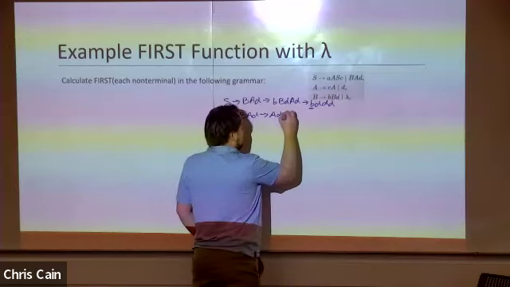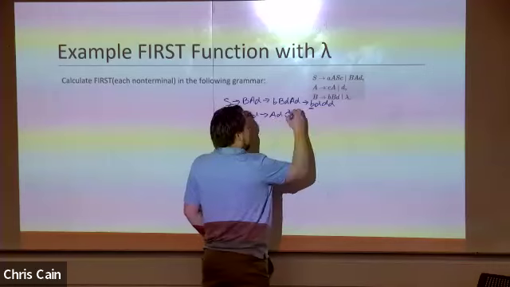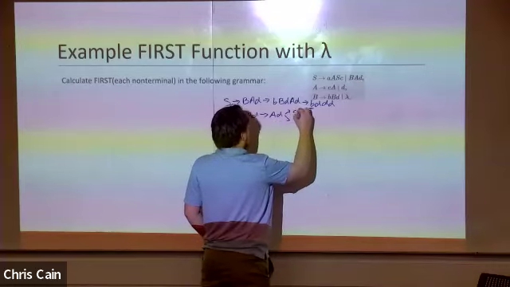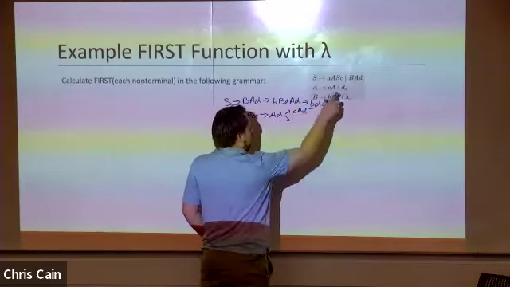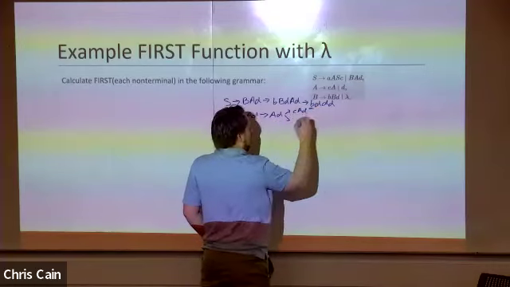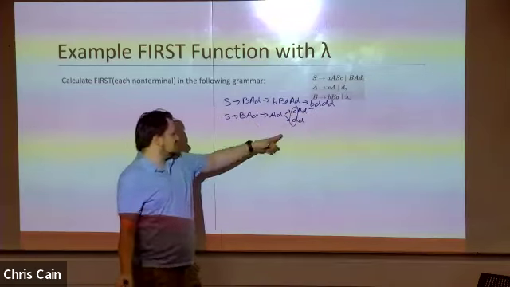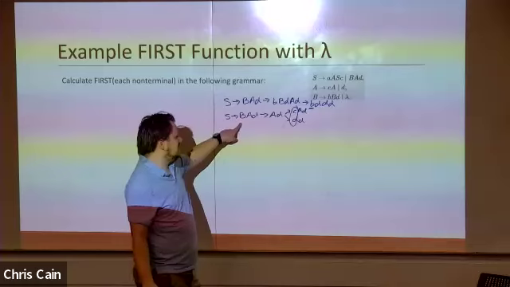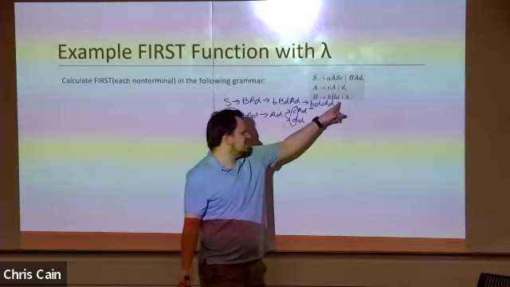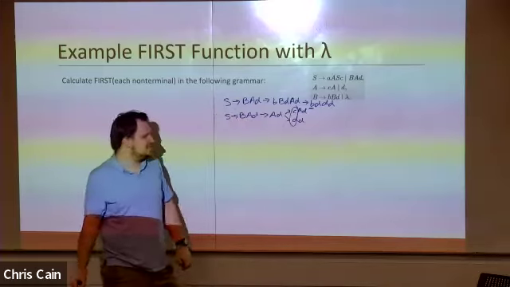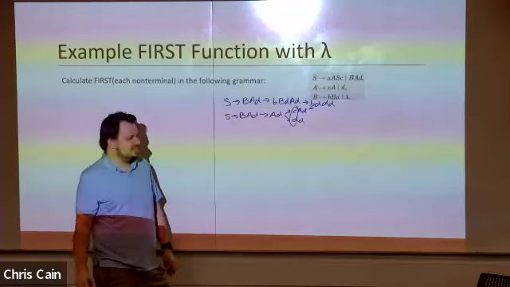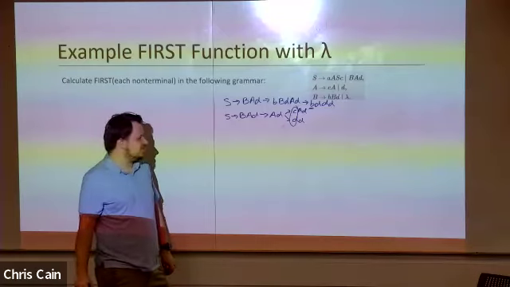I'll even expand this into a couple of choices where this A becomes C capital A or D, which ends. And now you can see we have two different options here that can start a string directly from this capital B that we wouldn't have been able to identify if we didn't anticipate and check this lambda as a possible production.